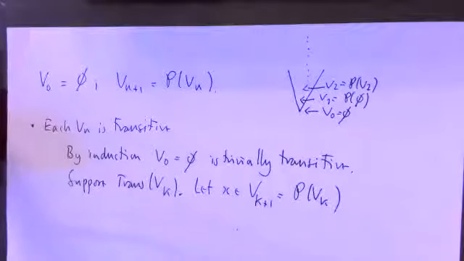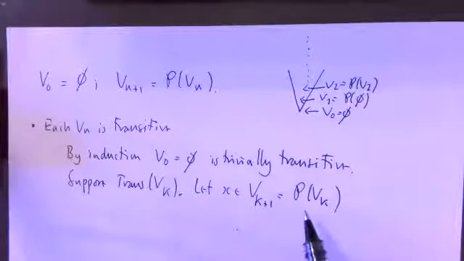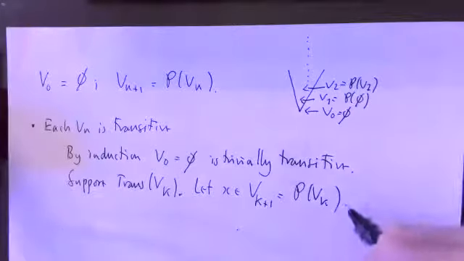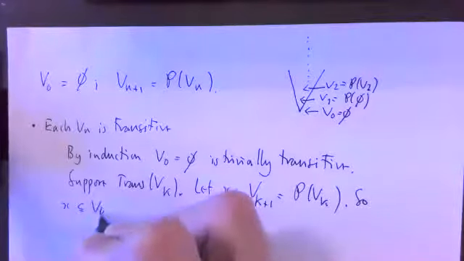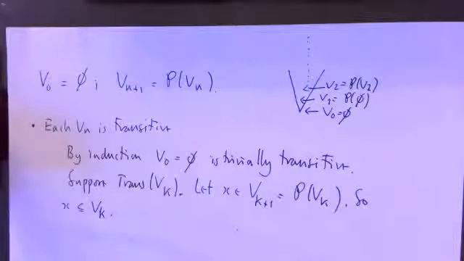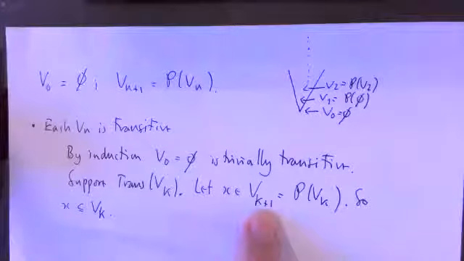So let X be a member of V(k+1). So it just means that it's a subset of Vk. To be transitive, we just want every element to be a subset here.